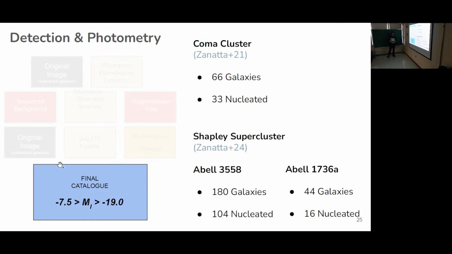This is one of the reasons that we select this range of absolute magnitudes here, because in fact we detect objects fainter than these magnitudes, but we do not go too faint, exactly to avoid objects where it is very hard to say whether or not they are a galaxy around a nuclear star cluster or some noise around a globular cluster.